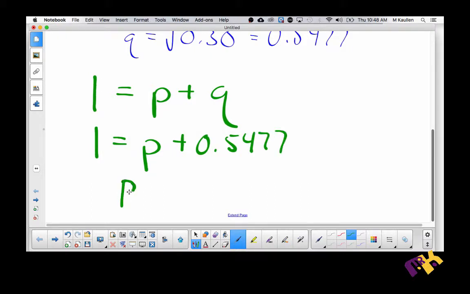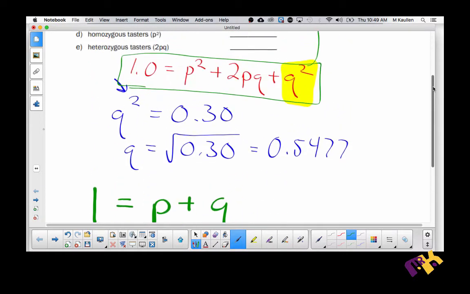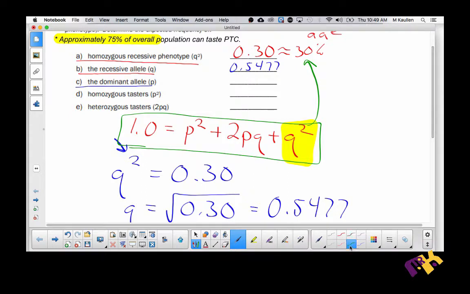That means P has to be equal to 1 minus 0.5477, or 0.4523. So we can hop back up, 0.4523. Notice it's really easy because these two have to add up to 1.